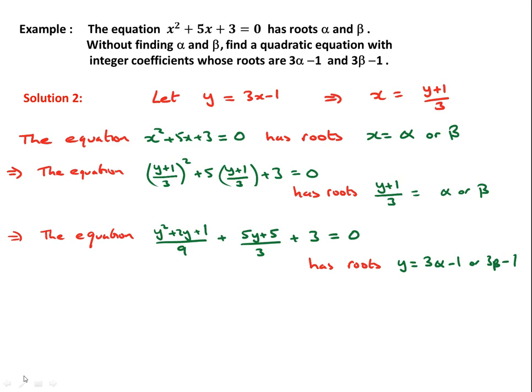So the equation has become y squared plus 2y plus 1 over 9 plus 5y plus 5 over 3 plus 3 equals 0. Has roots, well, if (y plus 1) over 3 equals alpha, then that means that y plus 1 is 3 alpha. In other words, y equals 3 alpha minus 1. And similarly, if (y plus 1) over 3 equals beta, it means that y must be 3 beta minus 1.